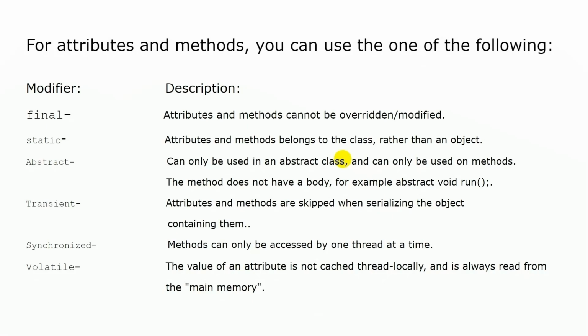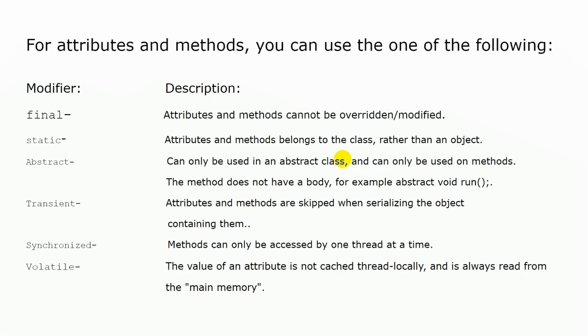If we make it static, attributes and methods belong to the class rather than to an object. And if it is made abstract, it can only be used in abstract classes and only on methods. The method does not have a body, for example, abstract void run.